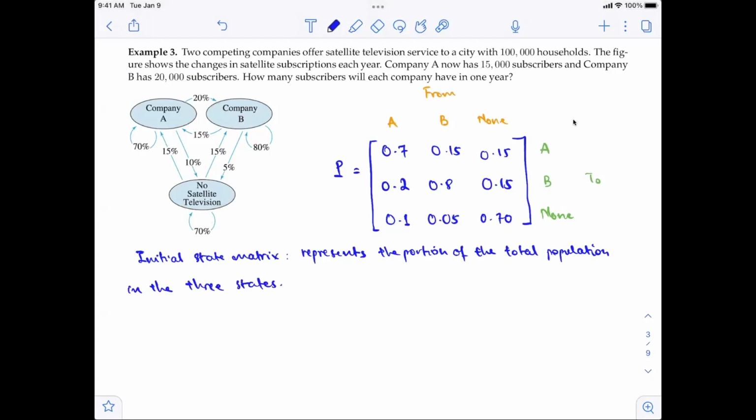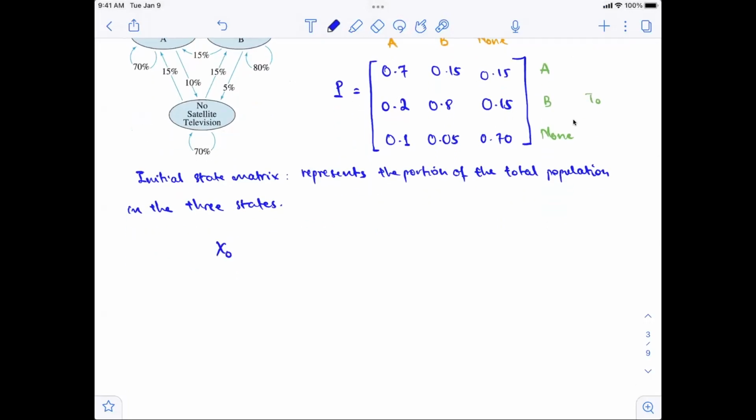Okay, so this initial state matrix is denoted as a capital X sub 0.